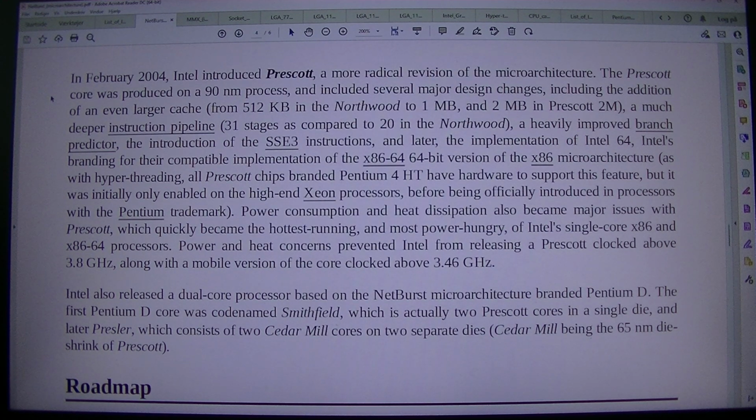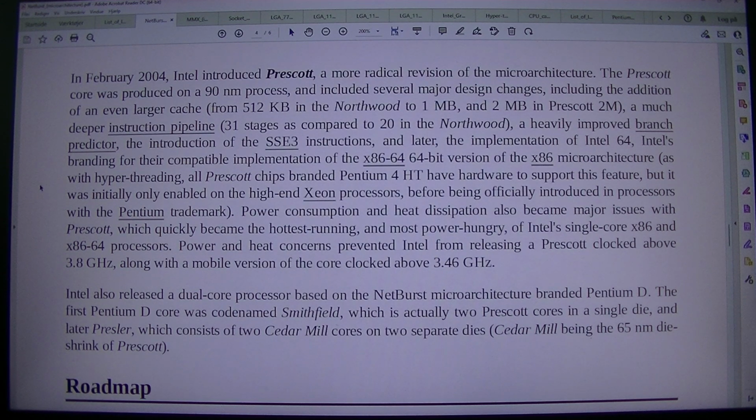The Prescott core was produced on a 90 nm process, and included several major design changes, including the addition of an even larger cache, from 512 kilobytes in the Northwood to 1 megabyte, and 2 megabytes in Prescott 2M, a much deeper instruction pipeline, 31 stages as compared to 20 in the Northwood, a heavily improved branch predictor, the introduction of the SSE3 instructions, and later, the implementation of Intel 64, Intel's branding for their compatible implementation of the x86-64 64-bit version of the x86 microarchitecture.